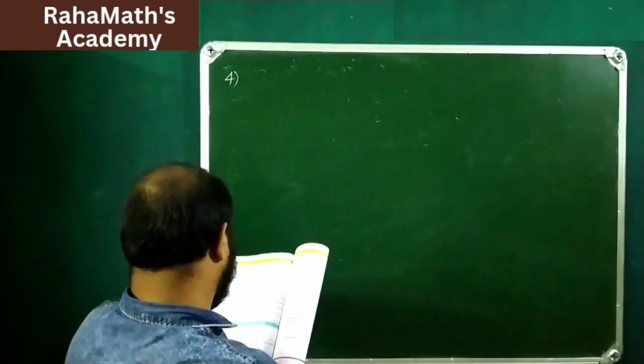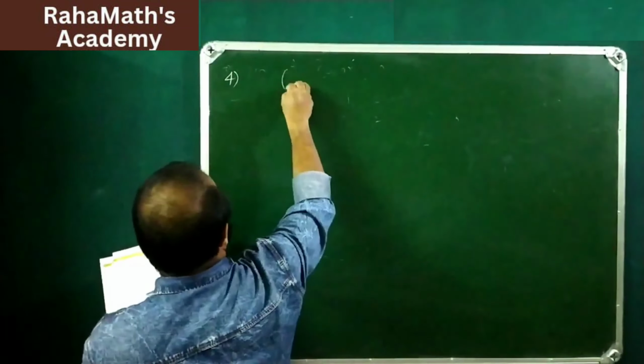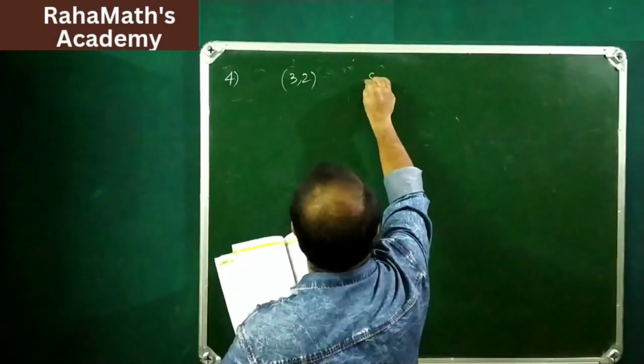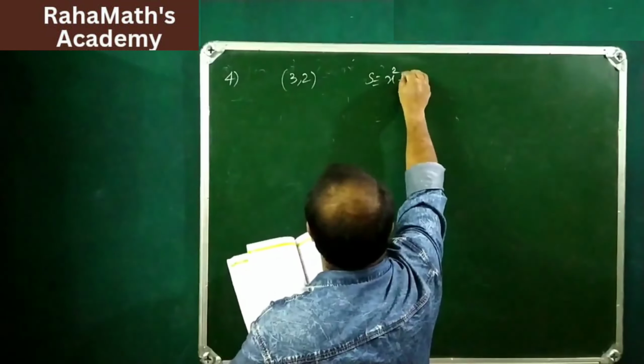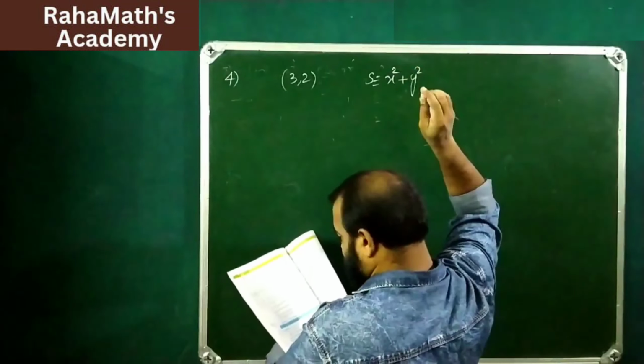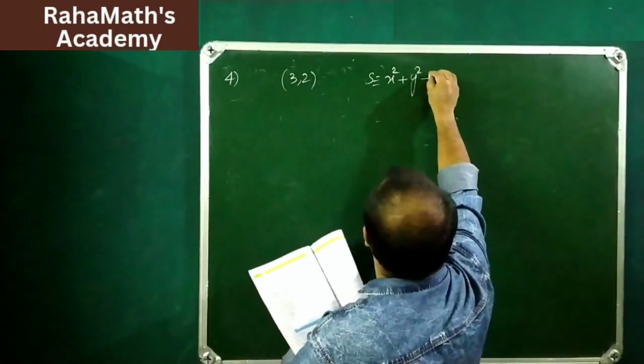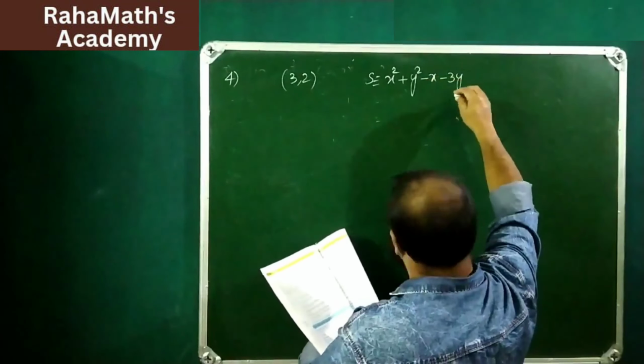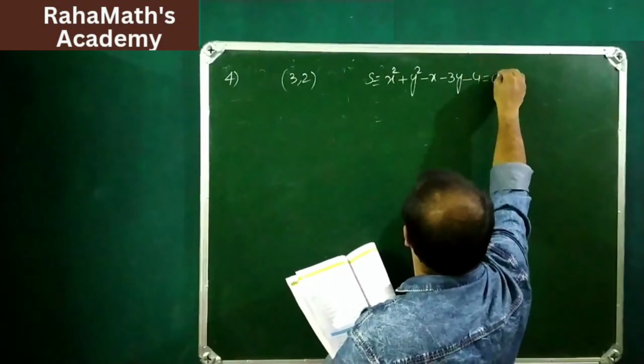Find the equation of the tangent and normal at 3, 2 to the circle x square plus y square minus x minus 3y minus 4 equals 0.